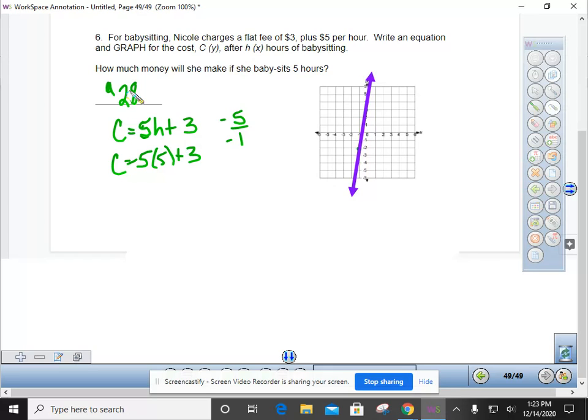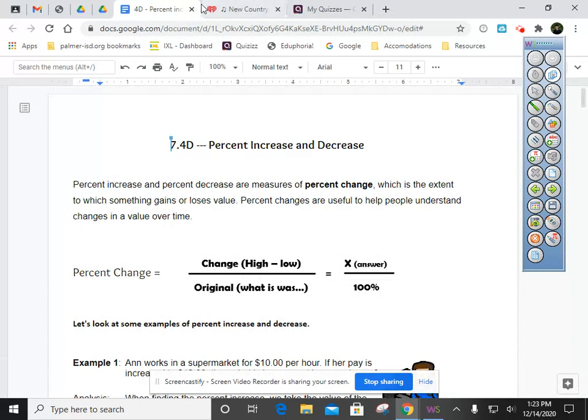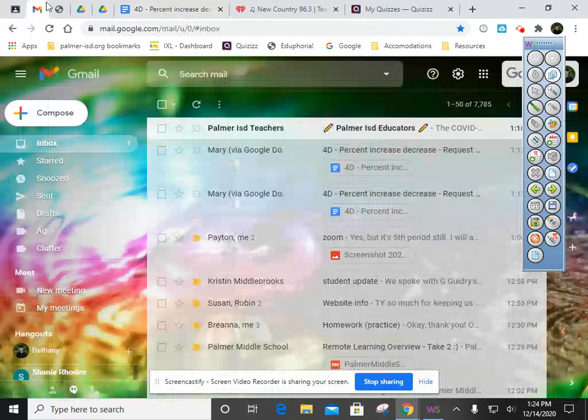Okay? And that way you can ask questions. And the quizzes, if you have questions, you can either screenshot it and send it to me or just read it to me. I'm pretty smart. I can probably figure it out.